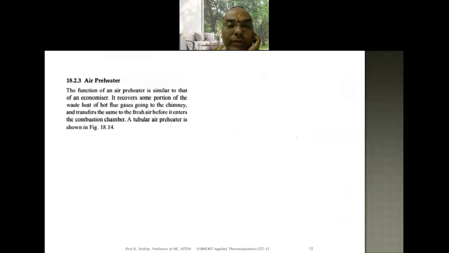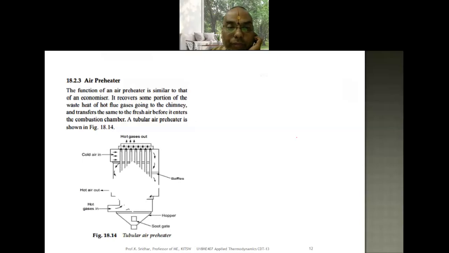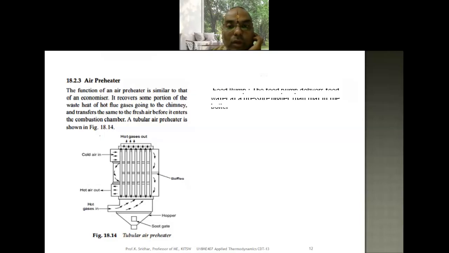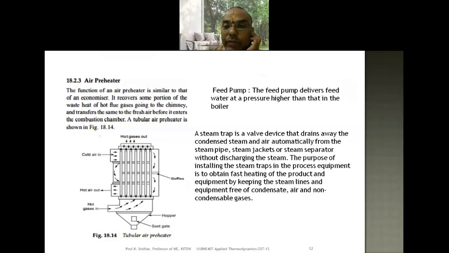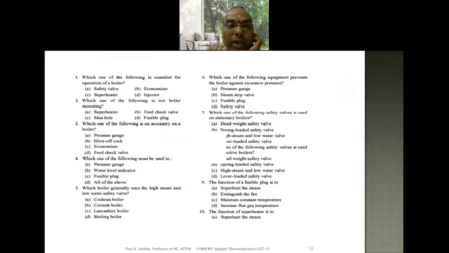So it is a green economizer, and this is an air preheater, where the cold air is heated with the help of the hot flue gases, so hot air will be circulated. The feed pump and a steam trap.